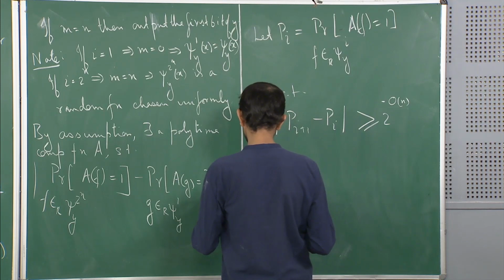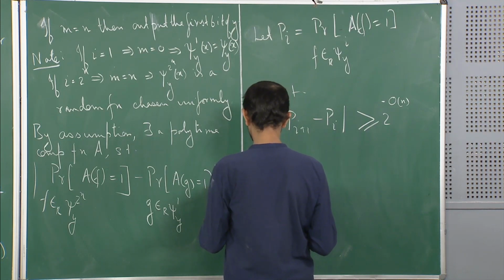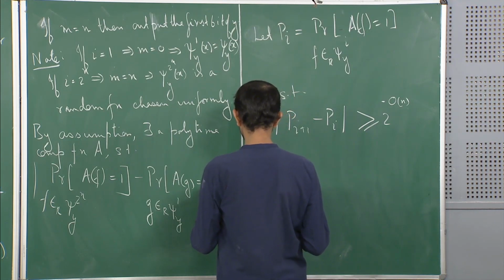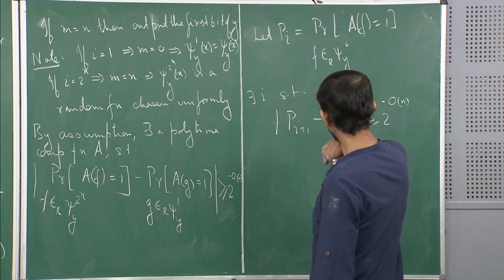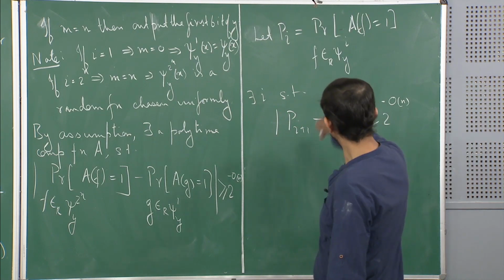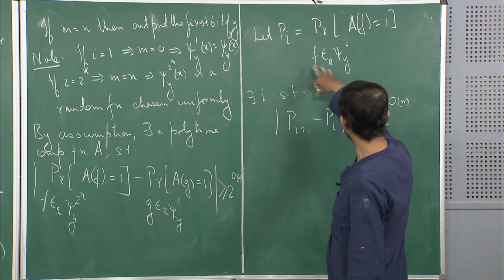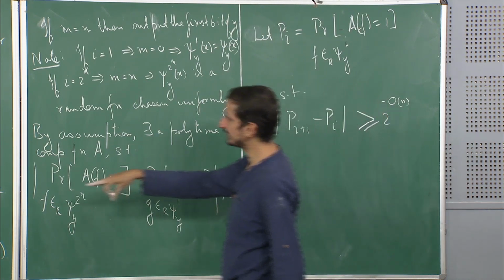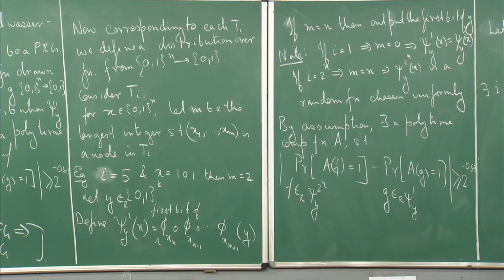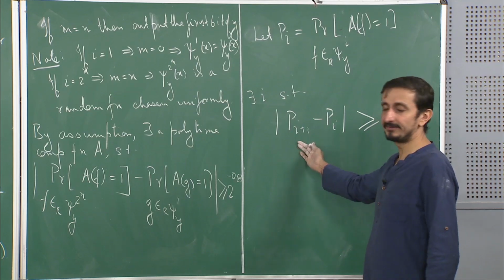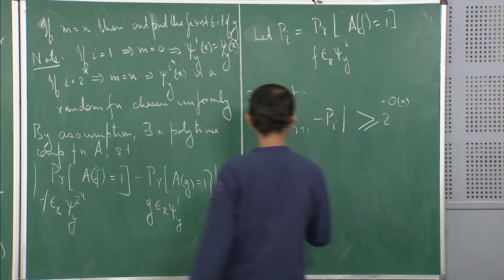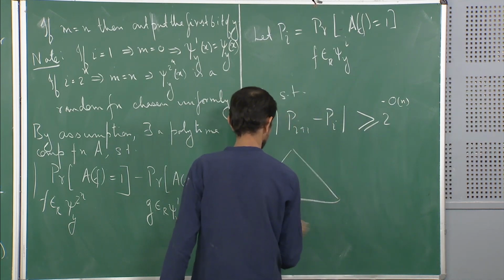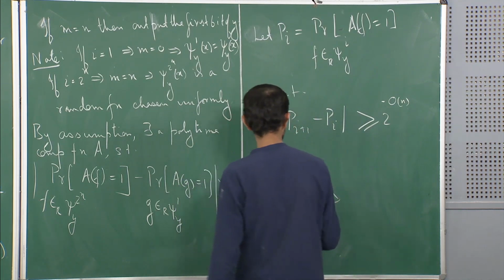Now, what are P(i plus 1) and Pi over here? Note that Pi comes from this distribution, which is defined with respect to a tree. So a tree Ti and a tree T(i plus 1). How do these two trees differ? Let us understand the tree. Suppose this was my tree Ti.